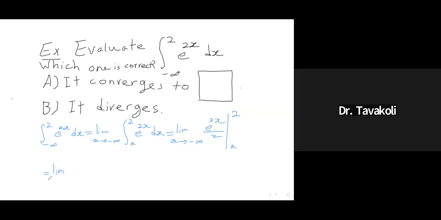So the limit as a tends to minus infinity of the evaluation at the upper limit, which is e to the power of 2 times 2, e to the 4 over 2, minus the evaluation at the lower limit, replacing x by a, e to the power of 2a over 2.